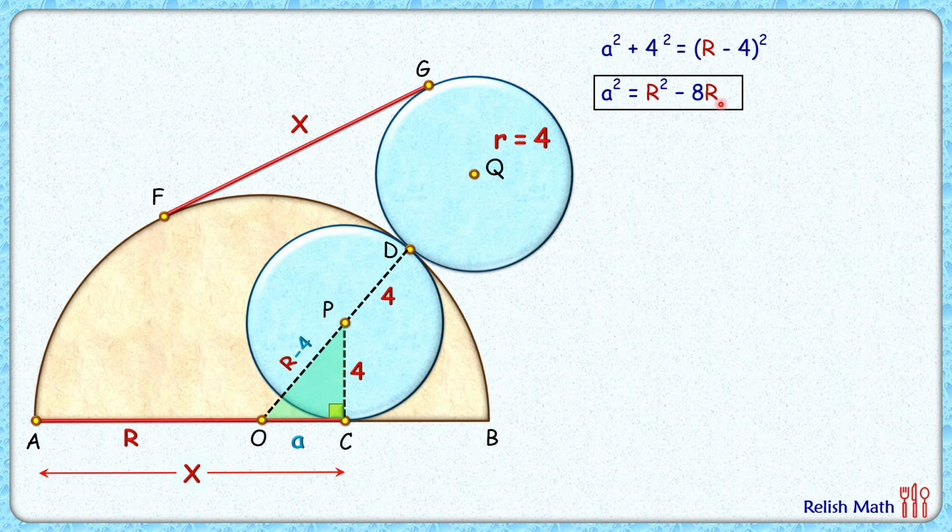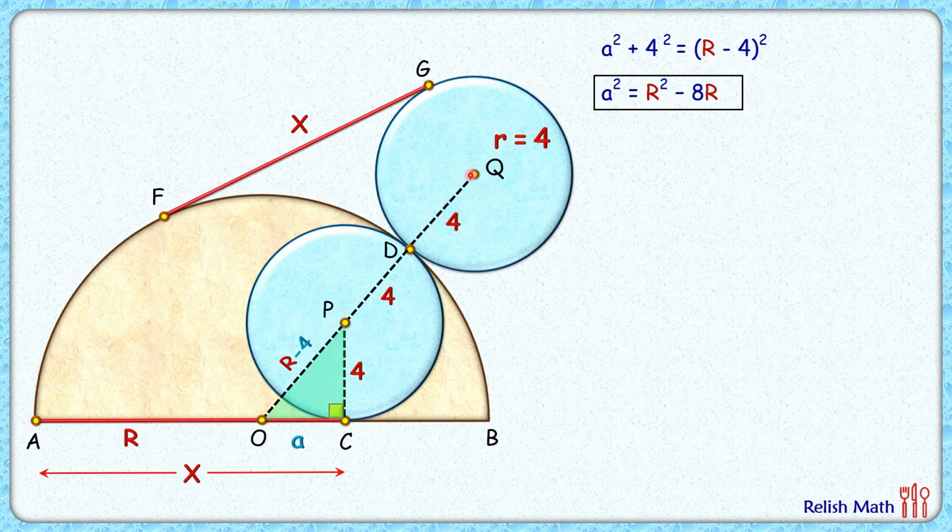Now we need one more triangle to get one more relation between a and r. For that, let's use this second blue circle. Again, these two blue circles are touching at point D. By theorem, their centers and point of contact lie in a straight line. Here QD length is 4 centimeter.